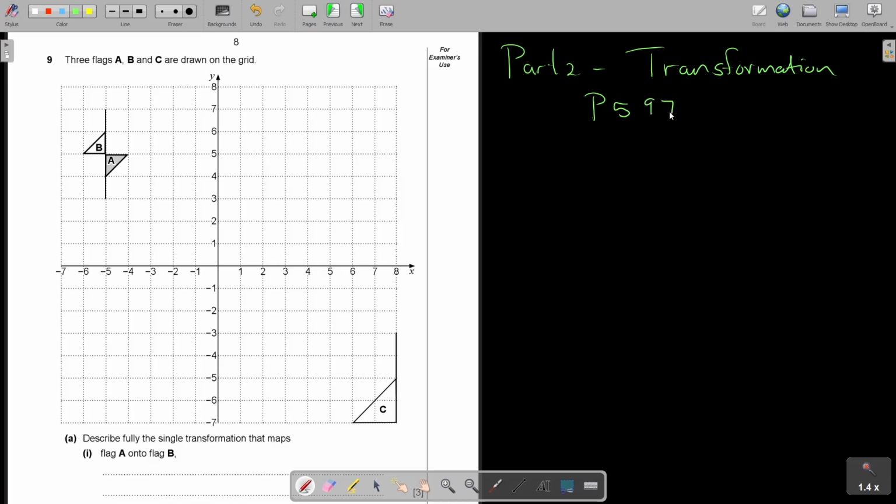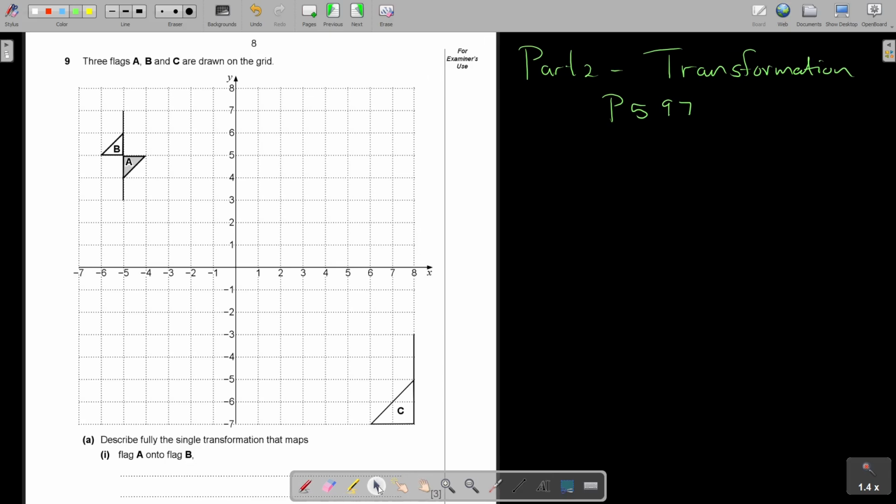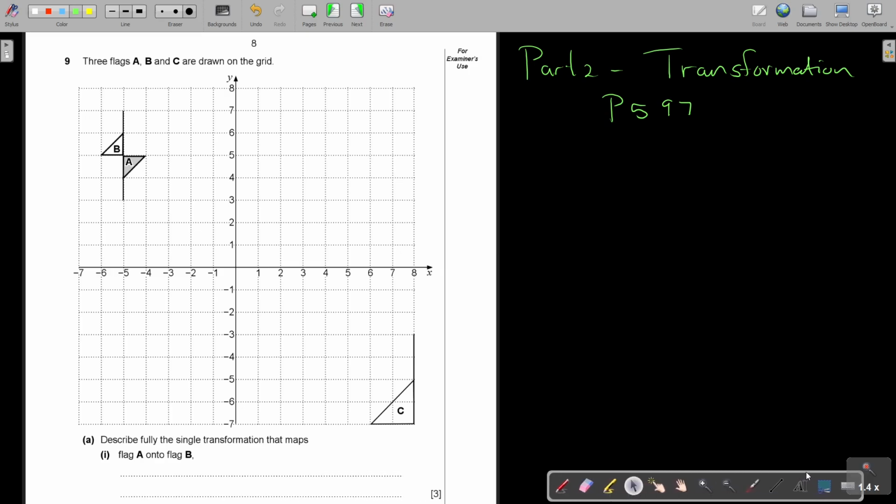Okay, 3 flags A, B, and C are drawn on the grid. Okay, describe fully. I think we must just get this first away. Just want to see, we can move it. So describe fully the single transformation that maps flag A onto B. Now, if you have a spare little paper, otherwise you can take it from that extra page, then you copy it and you copy the arrow facing north.